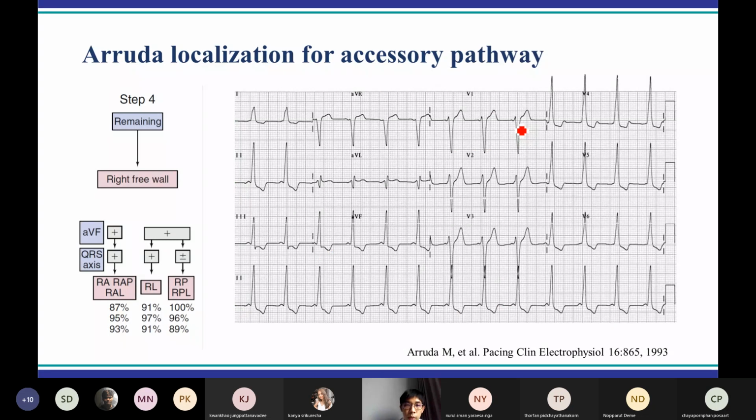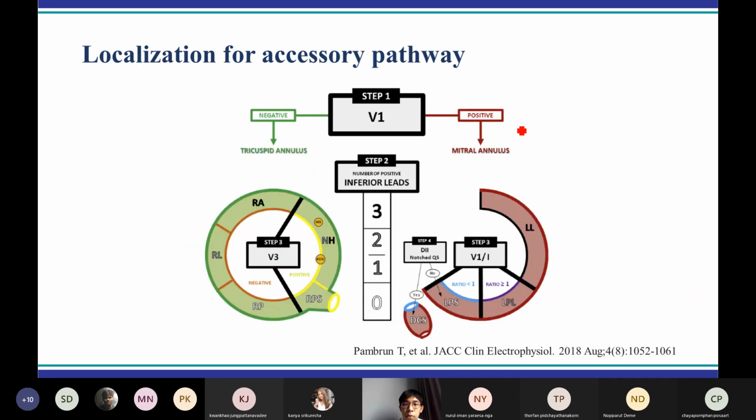You don't have to worry about this much, because if you are new to accessory pathway ECG, you should open the diagram or some book and slowly identify it from the ECG. And if you have a patient who underwent an electrophysiologic study and ablation, you can match it with what you have read before and practice this a lot to get it accurate.